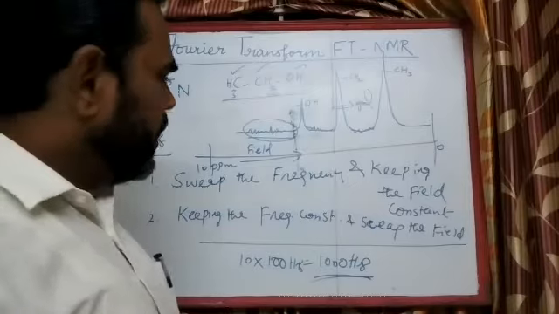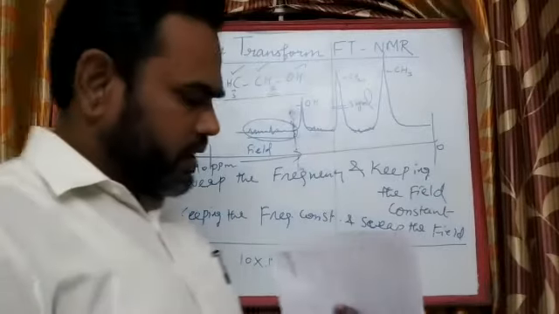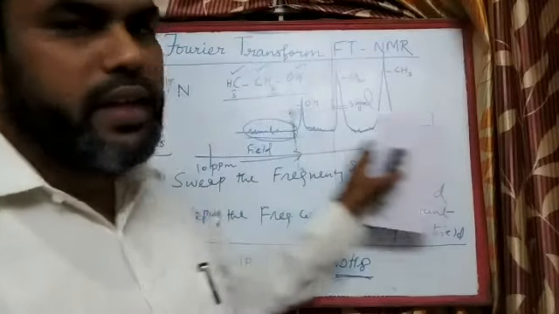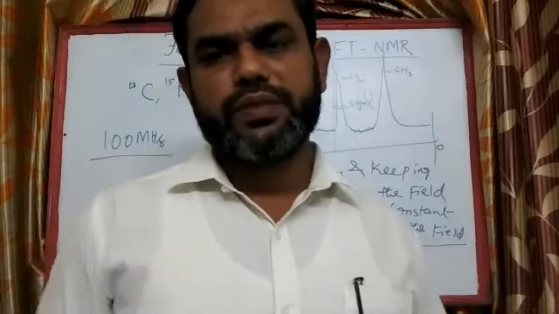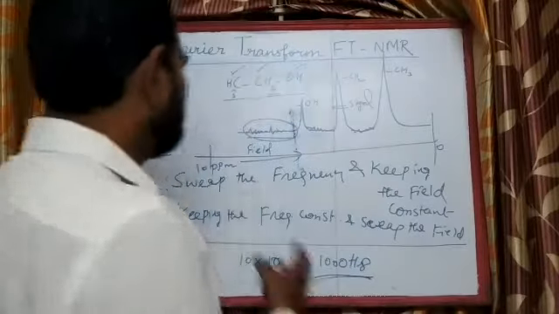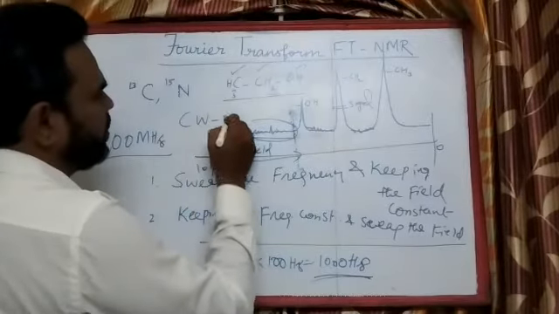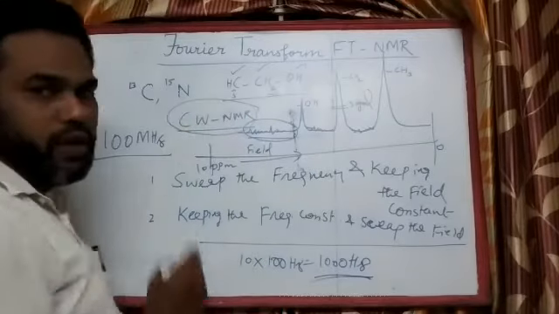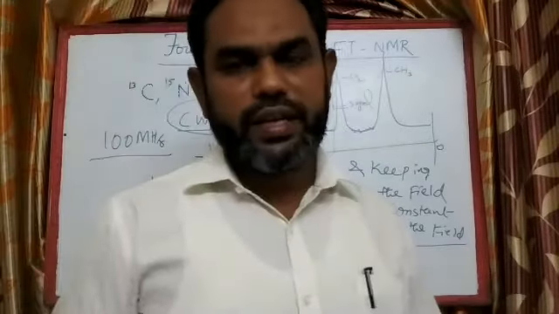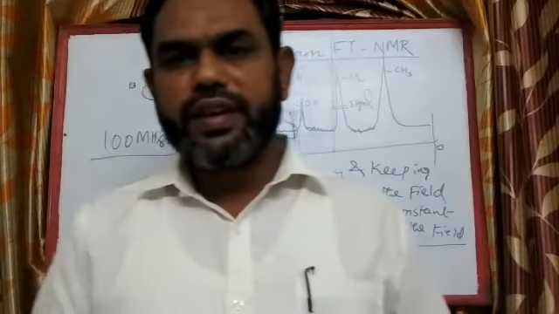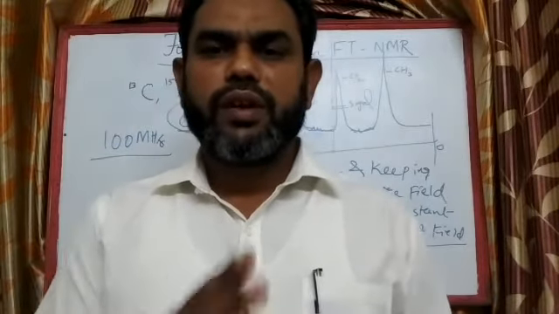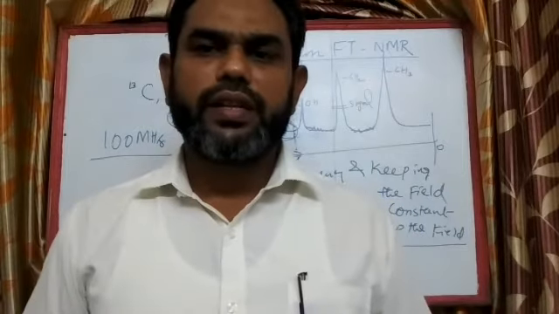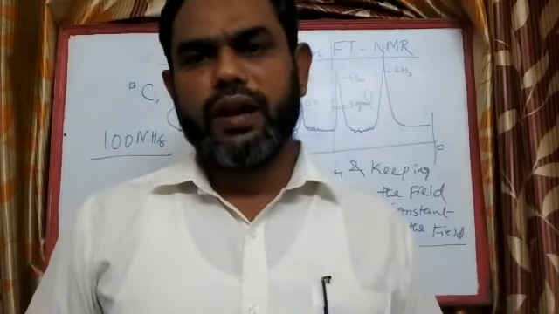So what FT-NMR does is, this one is called a continuous sweep, continuous wave, CW-NMR. You are increasing the field strength continuously in order to resonate each and every proton which is available in the particular compound.